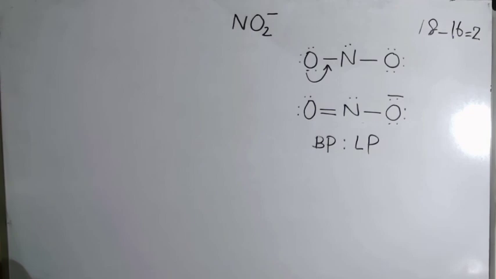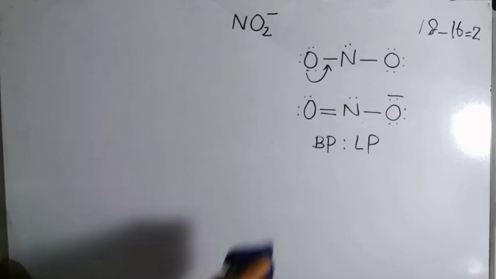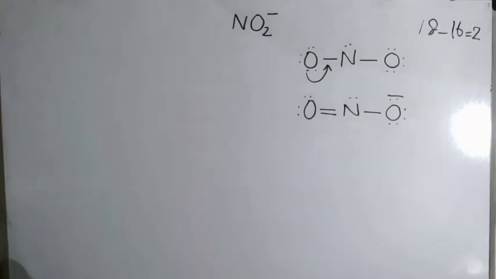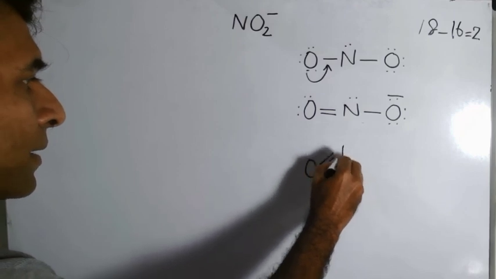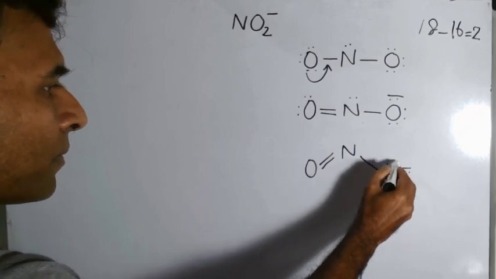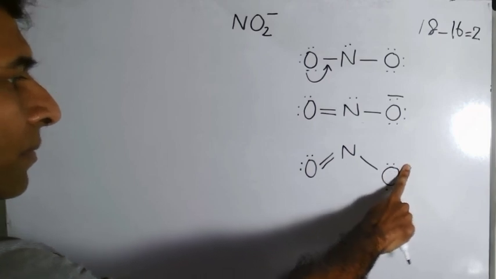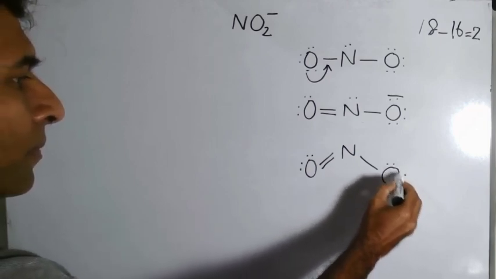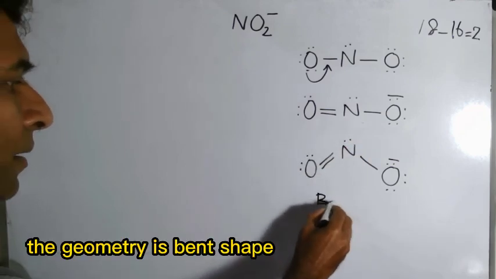So this molecule cannot be held in a linear position. As a result, it has to go to the bent shape. So this is the bent shape.